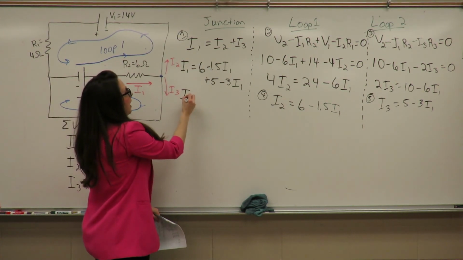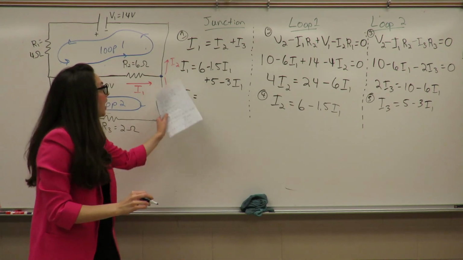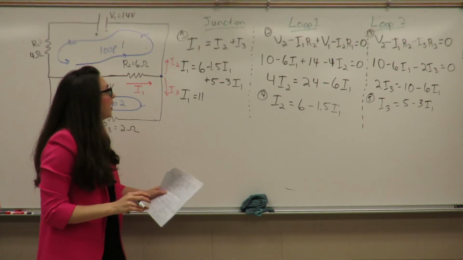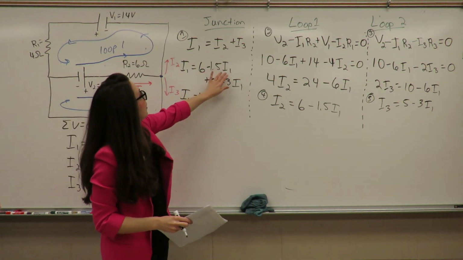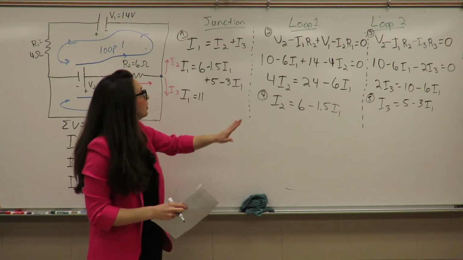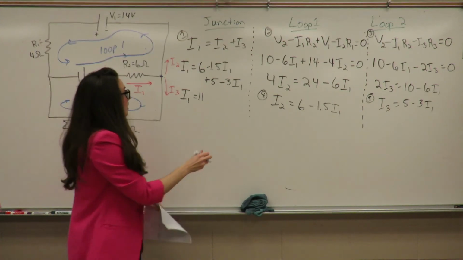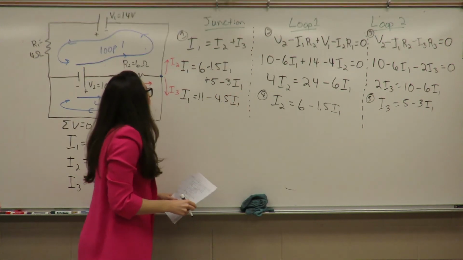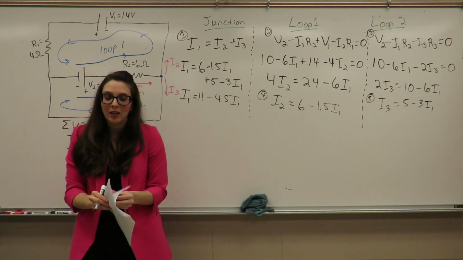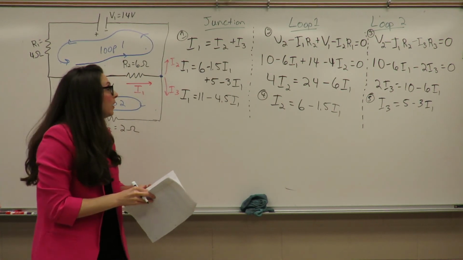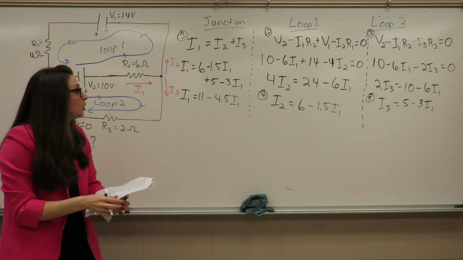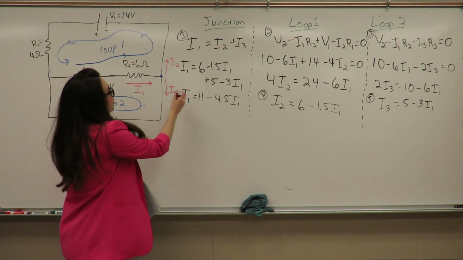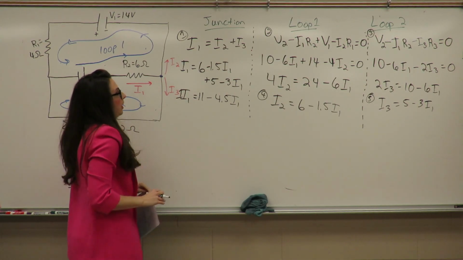So if I combine like terms, I've got 6 plus 5, so that's 11. So I1 is equal to 11, and I have minus 1.5 I1 minus 3 I1. And so that's going to be minus 4.5 I1. I1 is equal to 11 minus 4.5 I1. So now I have to combine both of my terms that have I1 in them. So this is really just 1 I1.